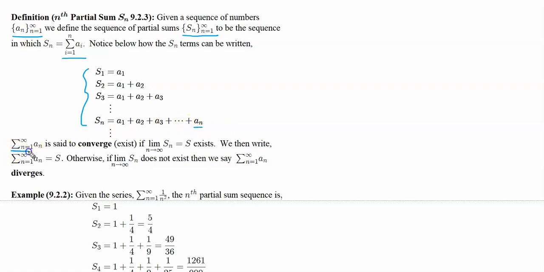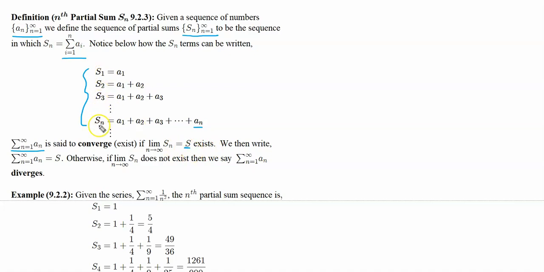We say that the series from 1 to infinity of a sub n converges if the limit as n goes to infinity of these nth partial sums equals a number s which exists.